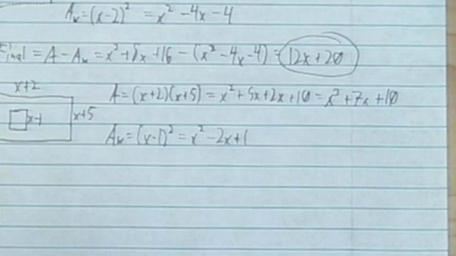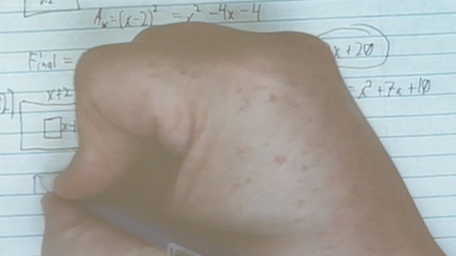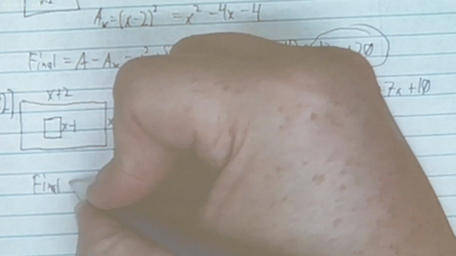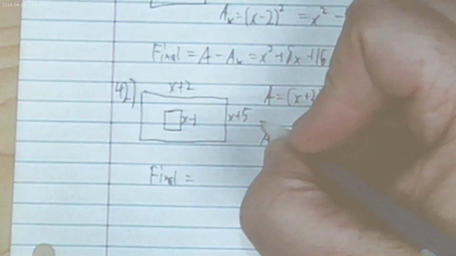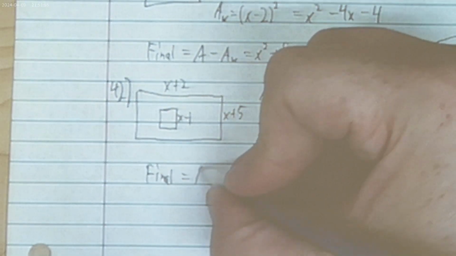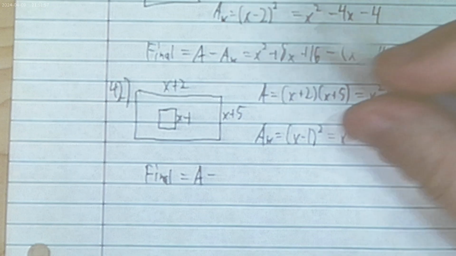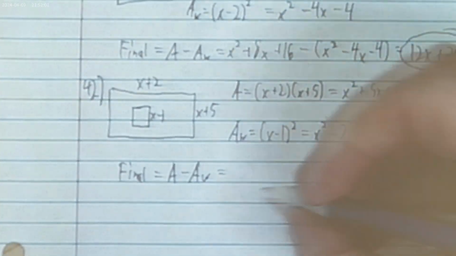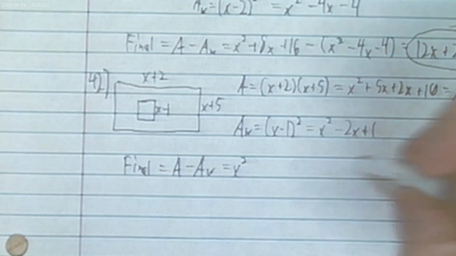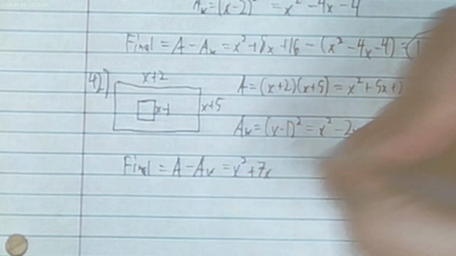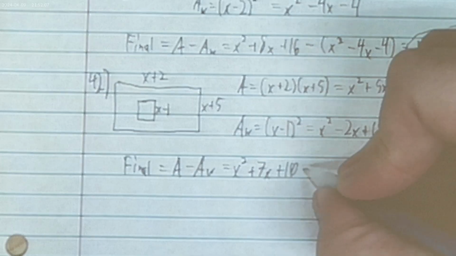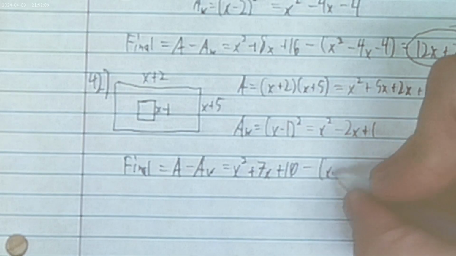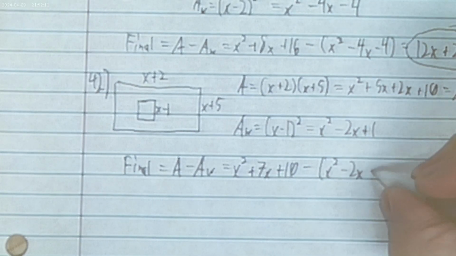Okay. Now, for the final area, we have our outside area minus the area of the white region inside. So that's x squared plus 7x plus 10 minus x squared minus 2x plus 1.